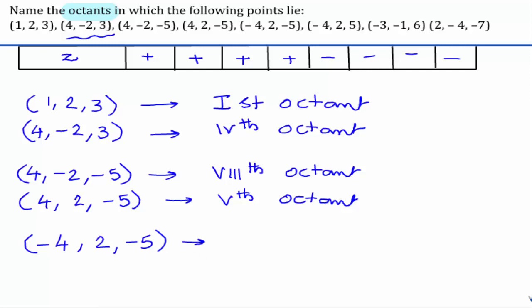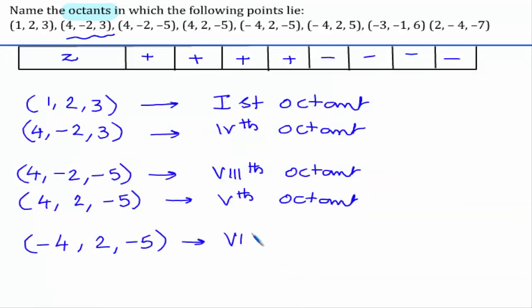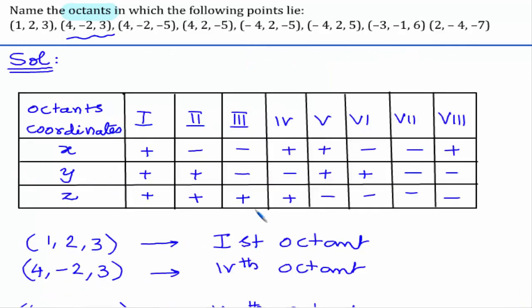Here x and z are negative, so it is the 6th octant. And next is (-4, 2, 5). So here x is negative whereas y and z are positive, that is the second octant.